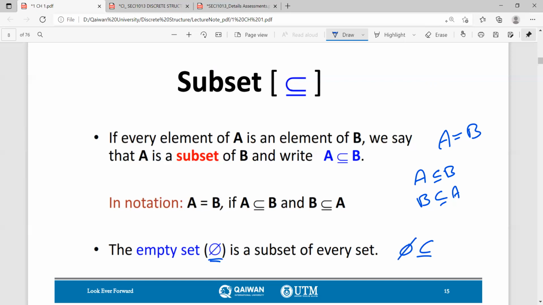Phi is a subset of B, if B is any set. Phi is a subset of A, if A is any set. Okay, so we say phi, which is the empty set, is a subset of all the other sets.